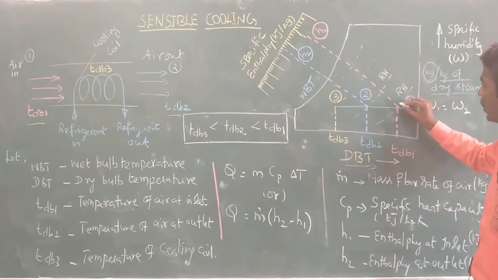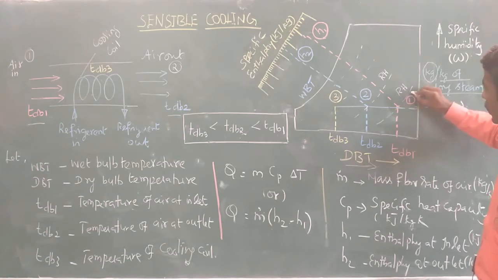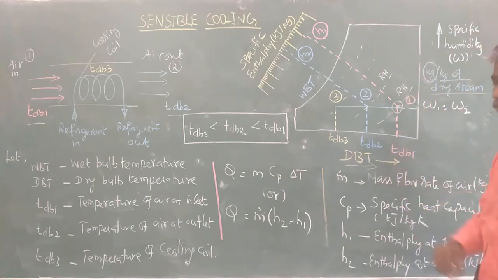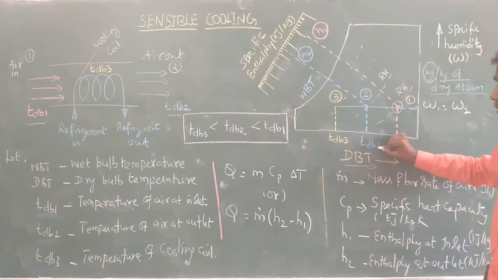So for the assumed relative humidity, we mark point 1 by drawing a vertical line from the dry bulb temperature 1, which intersects the assumed relative humidity. Similarly, dry bulb temperature 2.